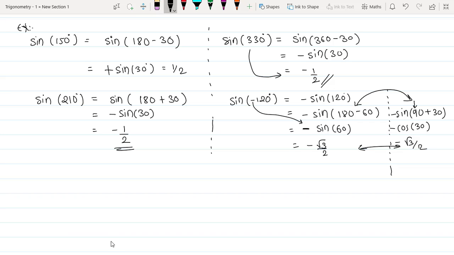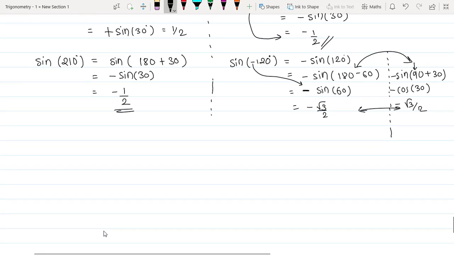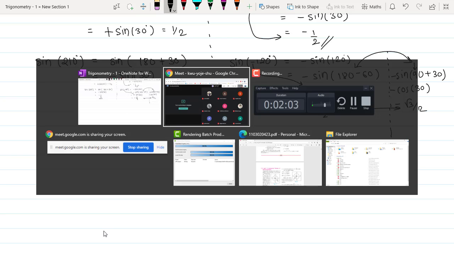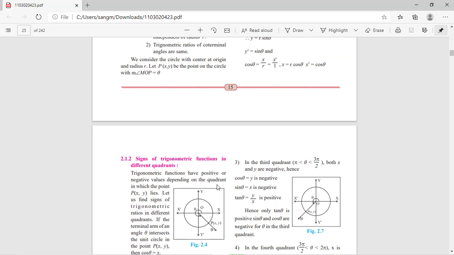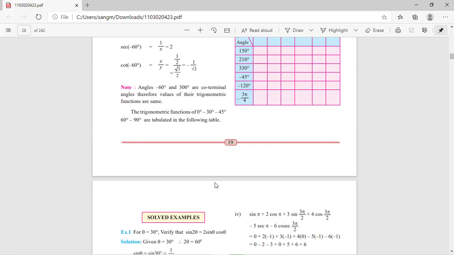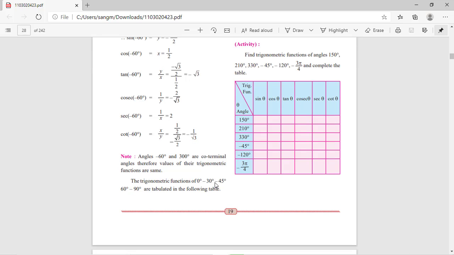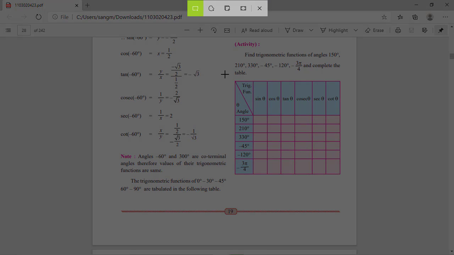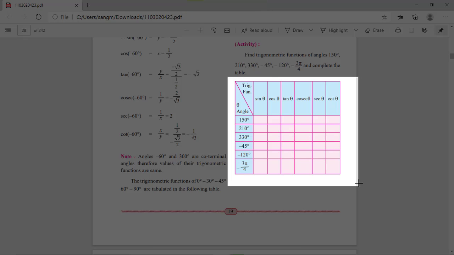Great. Okay, so there is one table given in your textbook that you have to complete. Let me post that table. Where is that table? Yes, here it is. Today's task is, first of all, complete the table for the negative angles, and then complete this table.